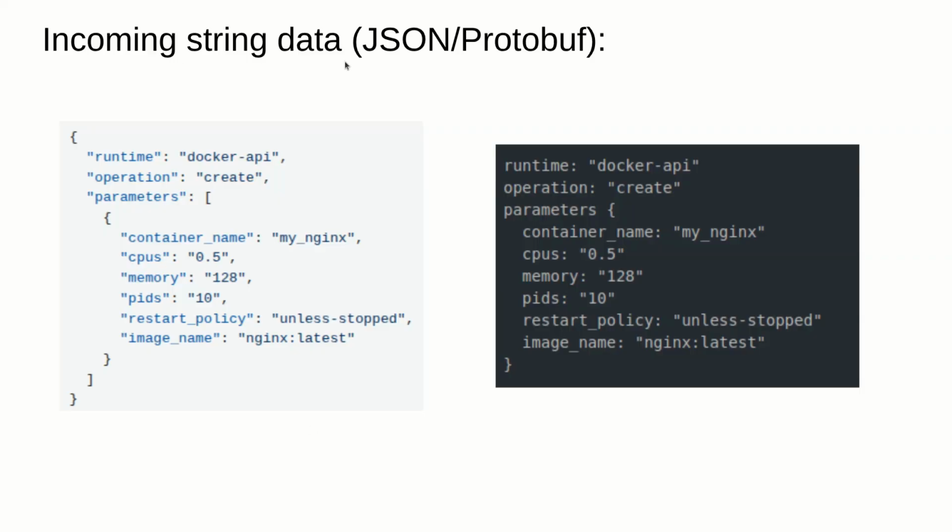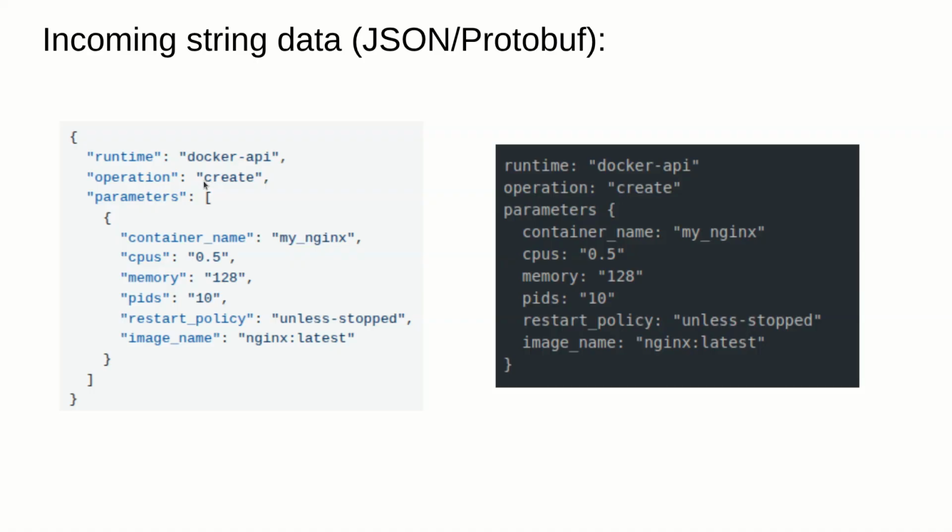Now this is the format of the incoming JSON and protobuf. The selection of runtime is what is written over here. If I write Docker CLI, then it goes for Docker ps -a kind of commands. And if I go for Docker API, then it goes for the specific HTTP commands of the API for production systems.